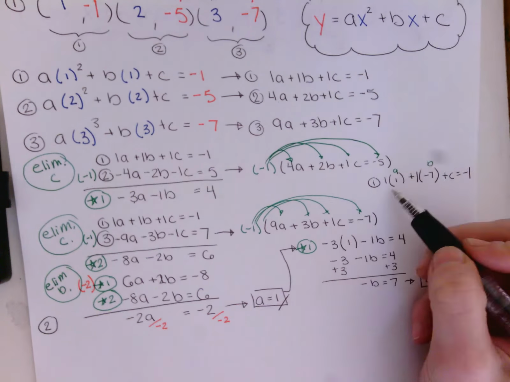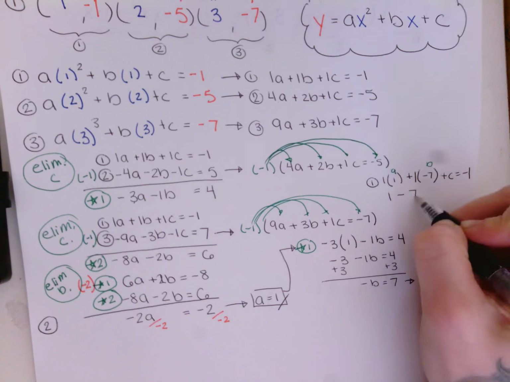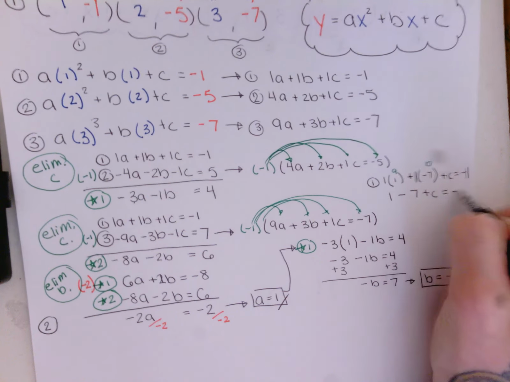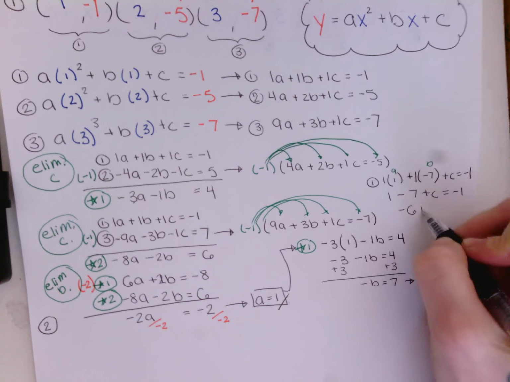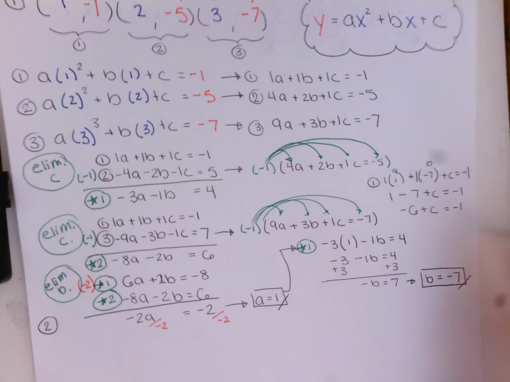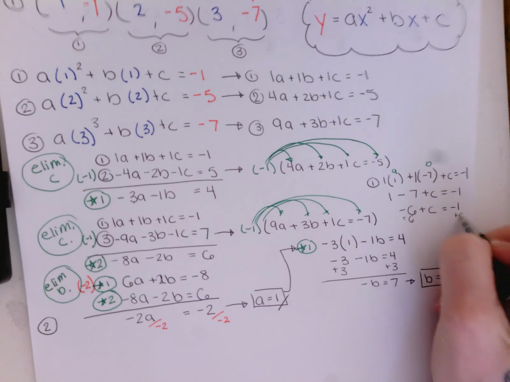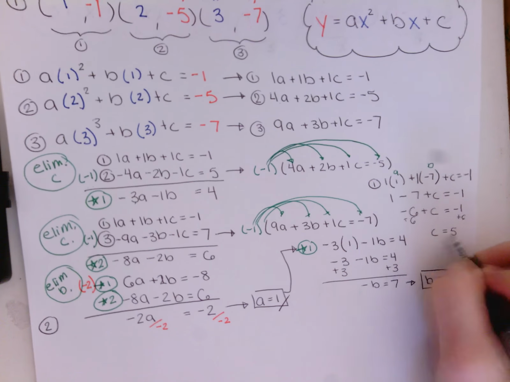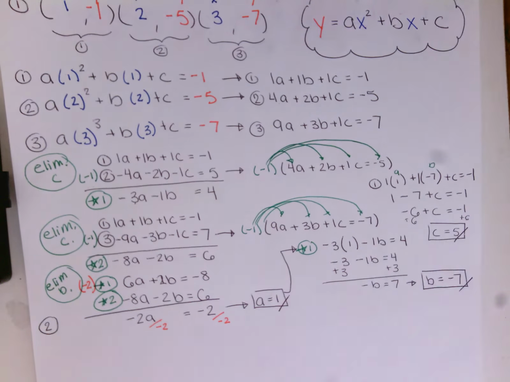So I've got 1 times 1. 1 times negative 7. 1 minus 7. I'm going to add the 6 to both sides. And I'll find my c is 5.